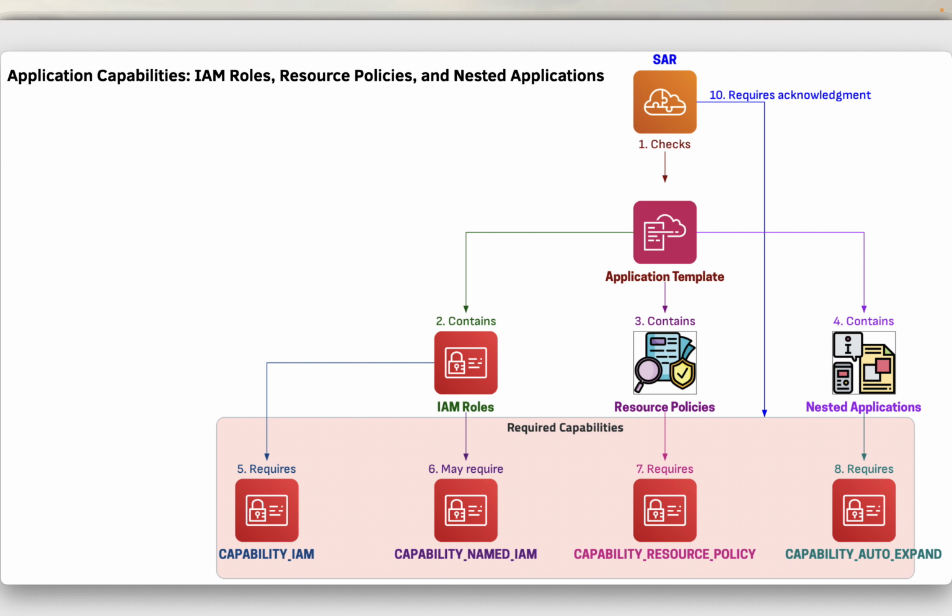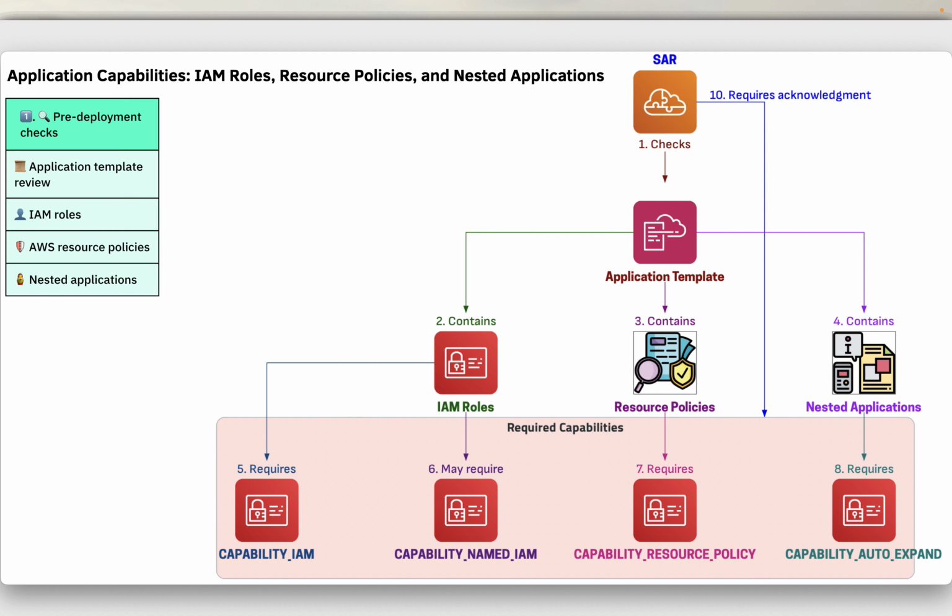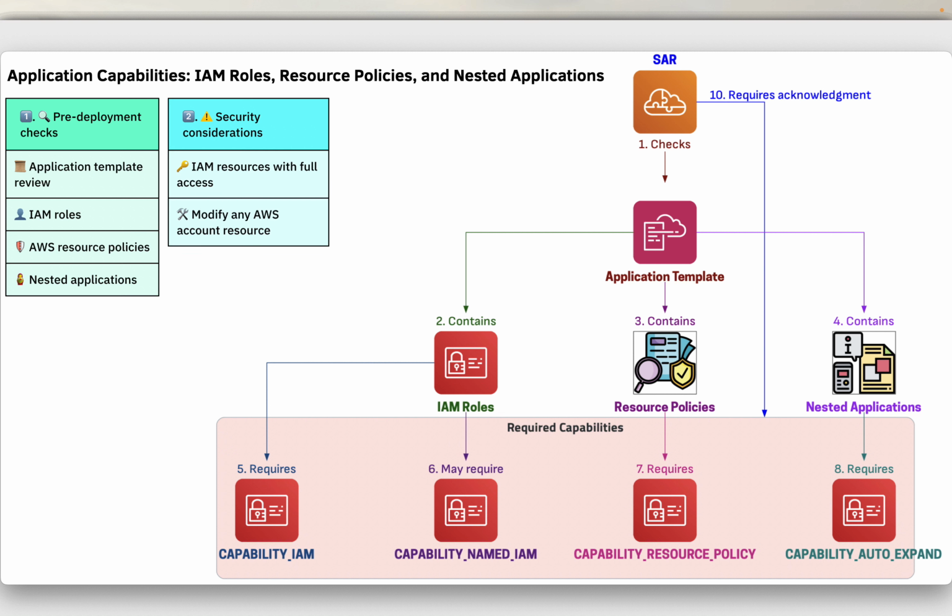So next is application capabilities, and under this IAM roles, resource policies, and nested applications. Before deploying an application, the AWS Serverless Application Repository performs pre-deployment checks on the application's template, reviewing IAM roles, AWS resource policies, and nested applications that the template specifies for creation.